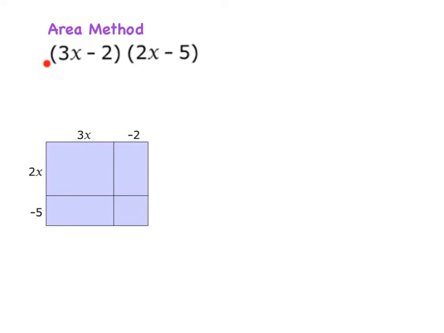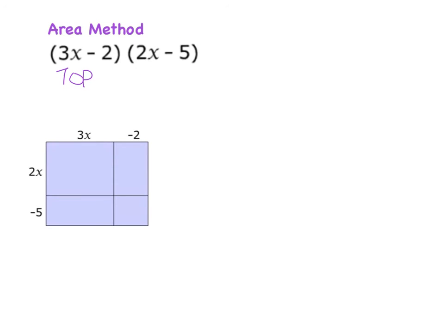All right, so we have 3x minus 2 multiplied by 2x minus 5. And what I can do here is I can use the area method to solve this. And what I do is I lay it out as I have done here. And I've got 3x minus 2 placed on top here. So I'll write top here. And then I also have 2x minus 5 placed on the side.